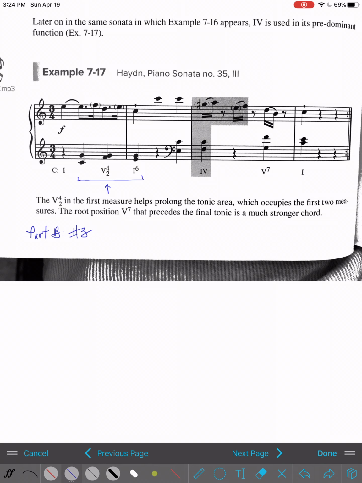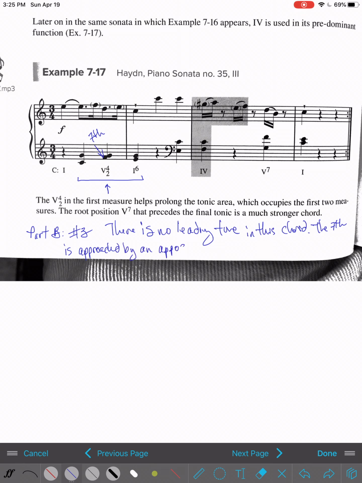You would need to say there is no leading tone in this chord. The next thing you would need to talk about is the 7th, and that's right here. We're in C major, so that's the 7th of the 7th chord. So the 7th is approached by an appoggiatura figure.